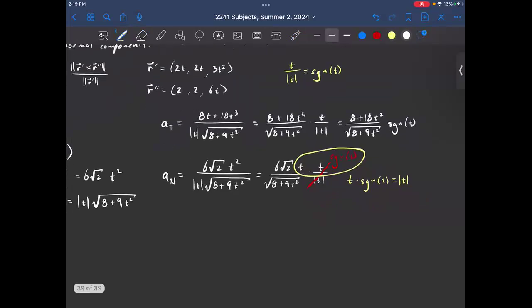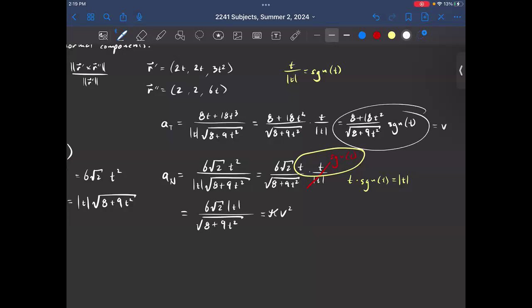So what we have here is that the normal component is 6 root 2 absolute value of t divided by square root 8 plus 9t squared. And note that this is the curvature times the velocity squared. Or sorry, not the velocity, the speed squared.